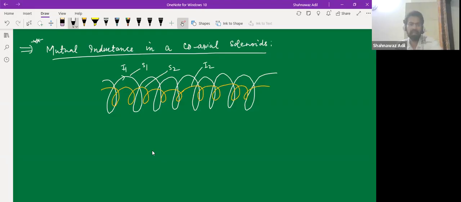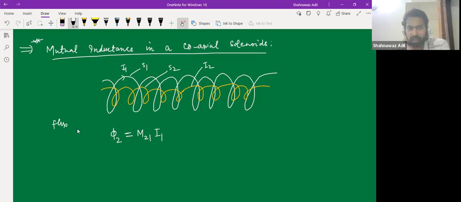So if I1 is flowing, then due to this I1 there would be some flux generated in this second one, M21 and I1. Is this part clear? Can you explain again?